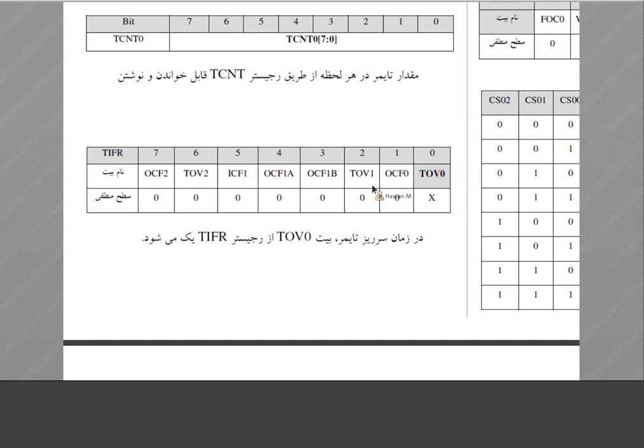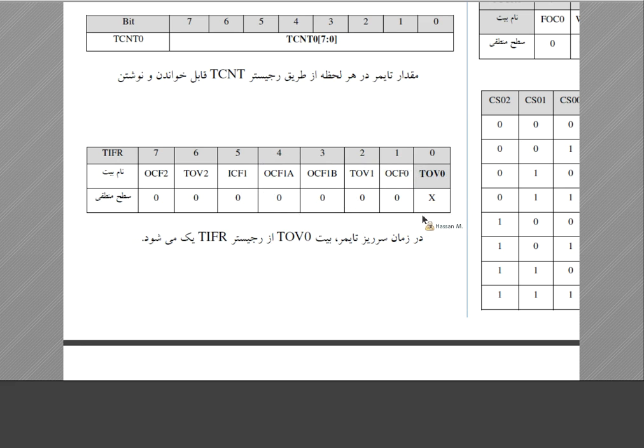These two pins are for timer 0. These two pins are for timer 2, and these 4 pins are for working with timer 1.